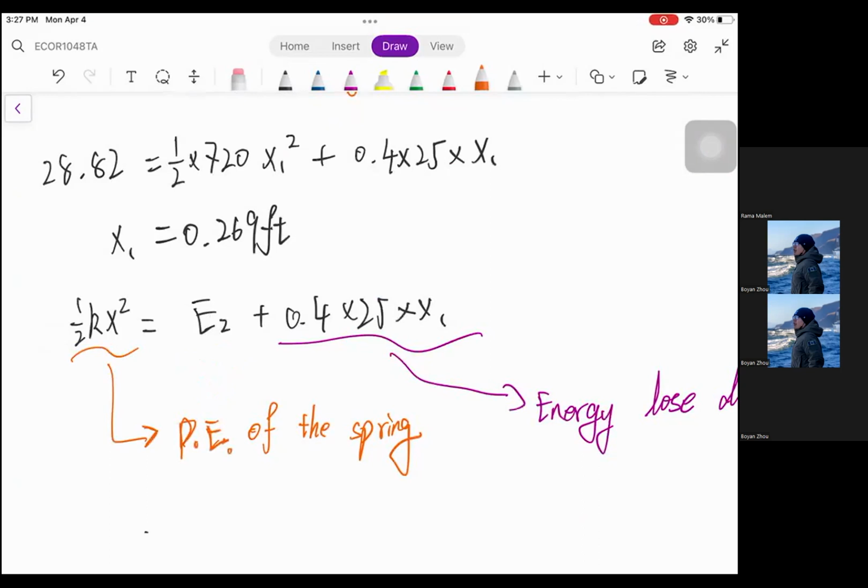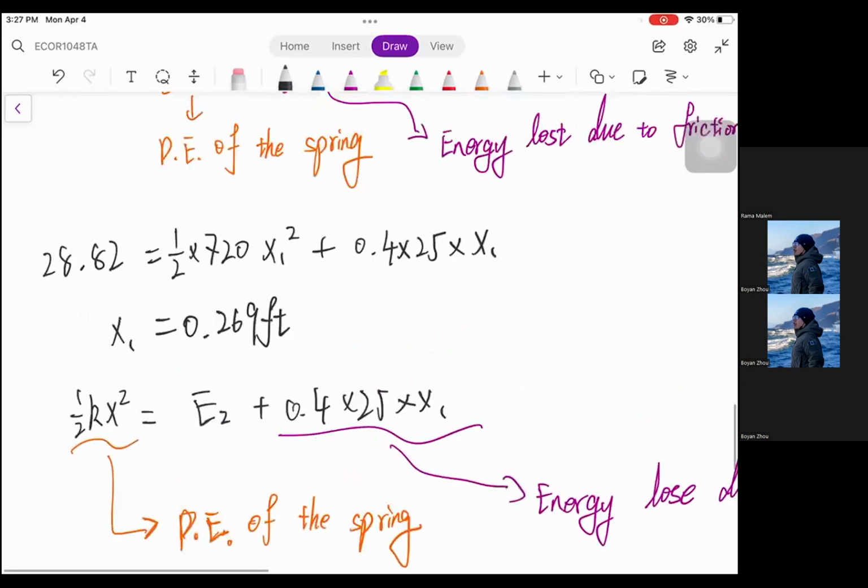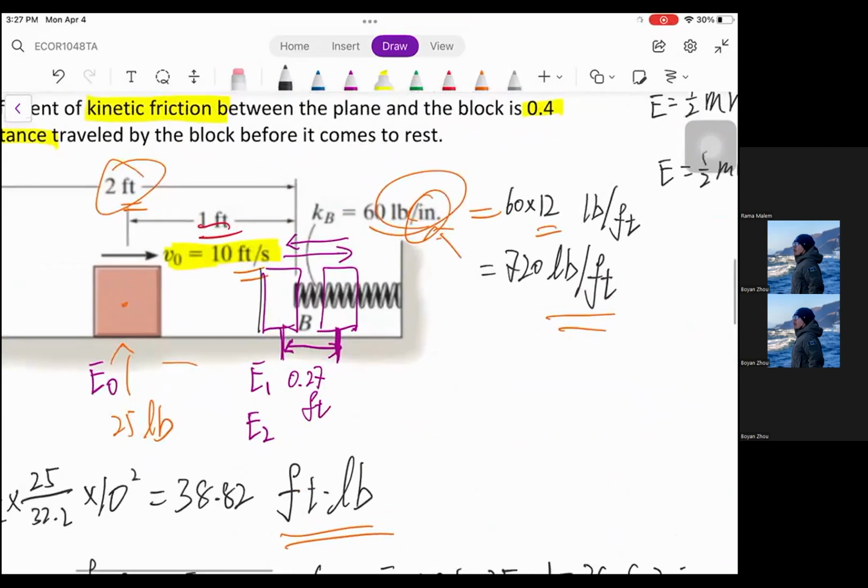That is because the moment we're analyzing is when the block is here and the spring is fully compressed. When the spring is fully compressed, the energy in the system is all stored in the spring and there's no kinetic energy in the block.